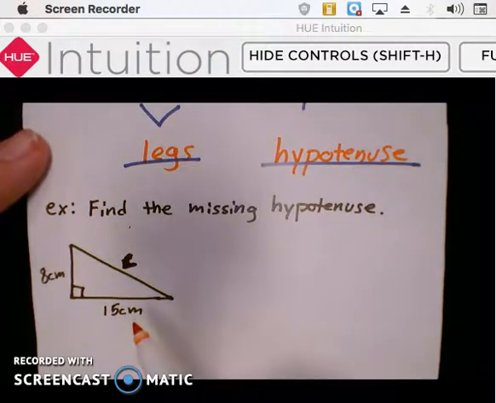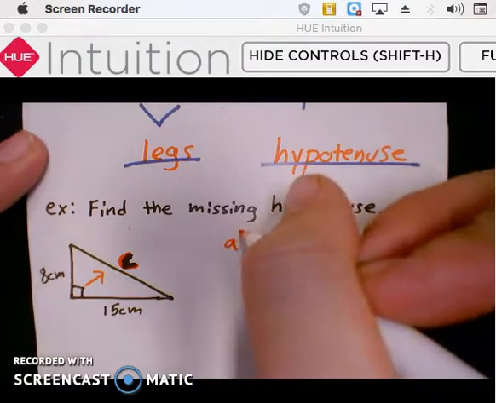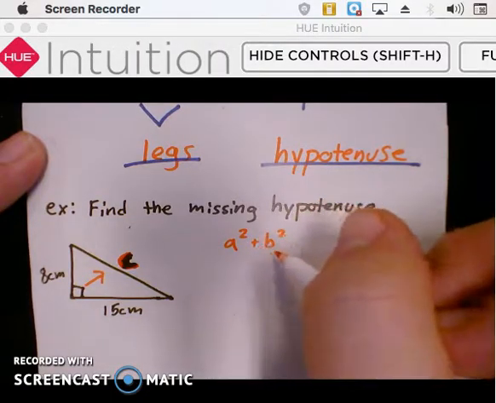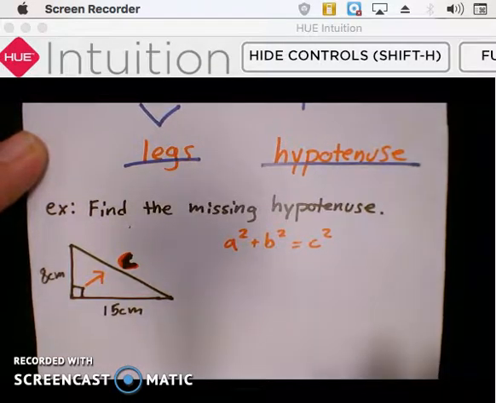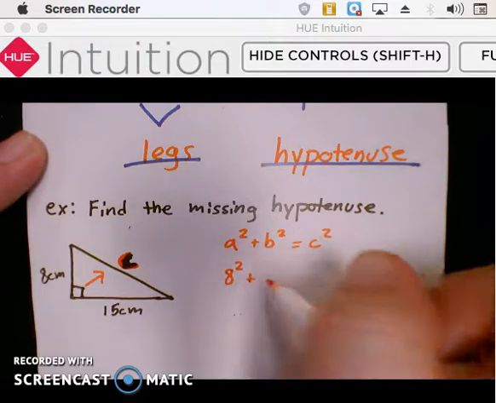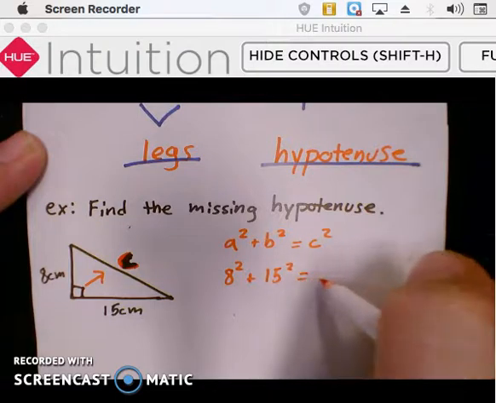In this triangle that we have right here, I'm going to look for my right angle, and then I'm going to draw a little arrow to know that this is where my hypotenuse is, my C. So when I solve it, a squared plus b squared equals c squared. I start with my formula, and then I plug in what I know. In this case, I know 8 squared plus my b is 15 squared, and I could change the order of those.